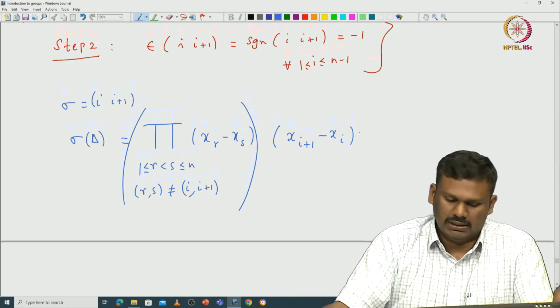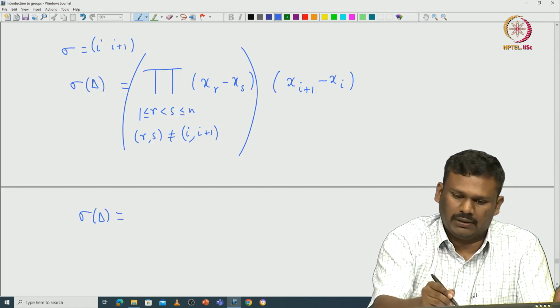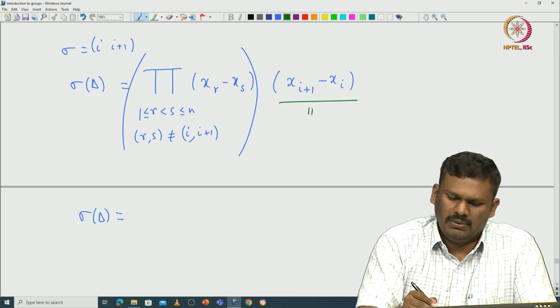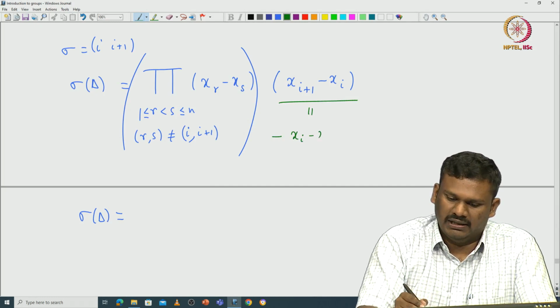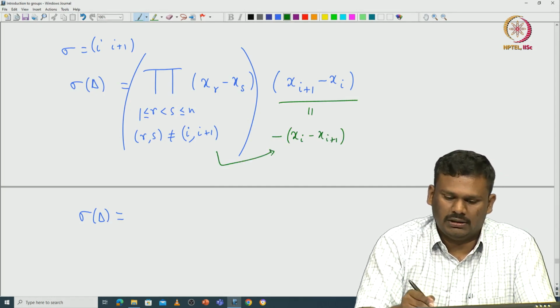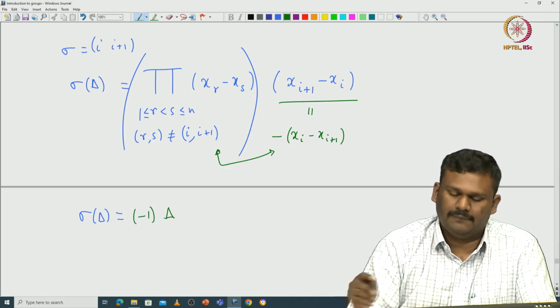From this you can easily see that when you write this particular monomial in the correct order, it is going to be minus (x_{i+1} minus x_i), and then if you club it with the rest of the product, you get just minus 1 times delta.